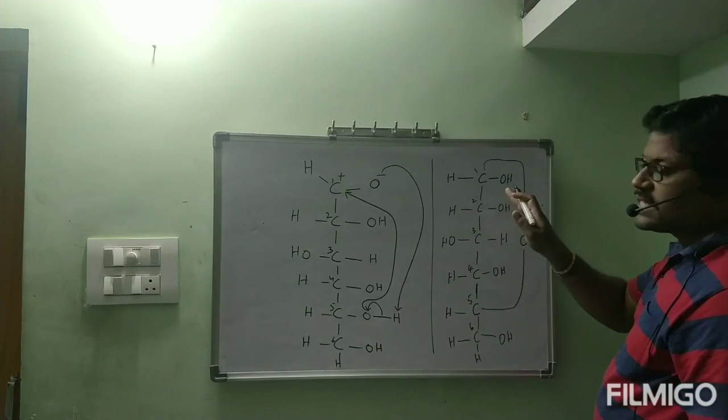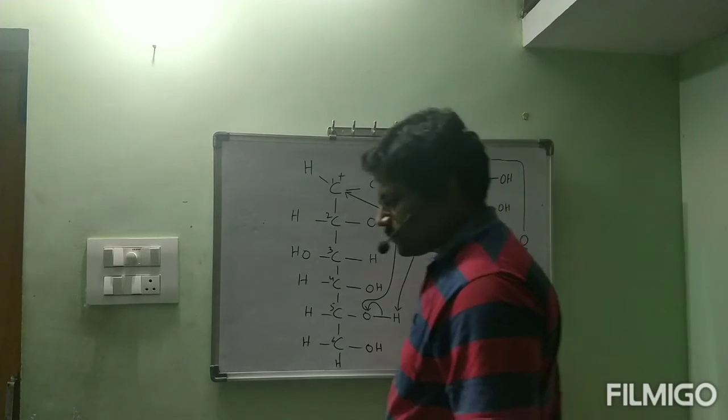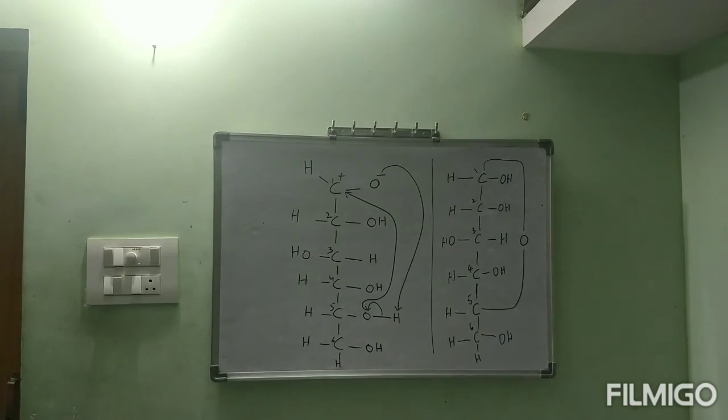This is called the cyclic structure of glucose. Please observe the cyclic structure of glucose, all of you. On the fifth carbon, oxygen is there. That oxygen is going to form a bond with the first carbon. Already that bond is present.